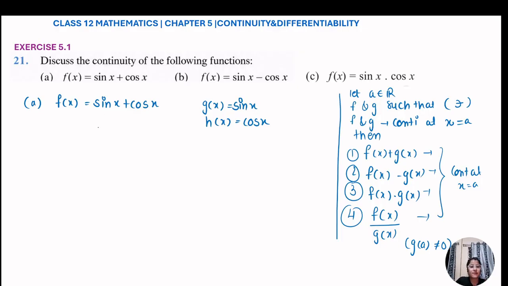So for that, what we have to do? We have to show that the function g is continuous and the function h is continuous. This is only valid when both of them are continuous. Note that. The note point is both of them must be continuous.